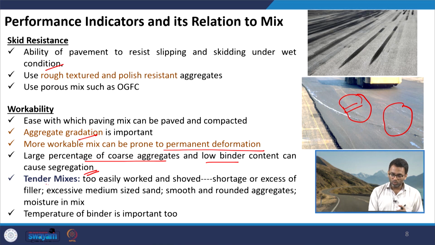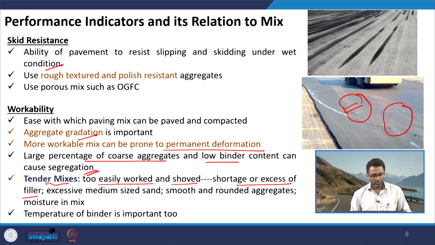As I was talking about tender mixes, these are mixes which are too easily worked and shoved. When the rollers move to compact, you will see that it is not compacting vertically, but the mix is moving longitudinally. There can be a shortage of filler, or the filler can be in excessive amount. There can be an excessive amount of mid-size sand, which is more rounded in nature.